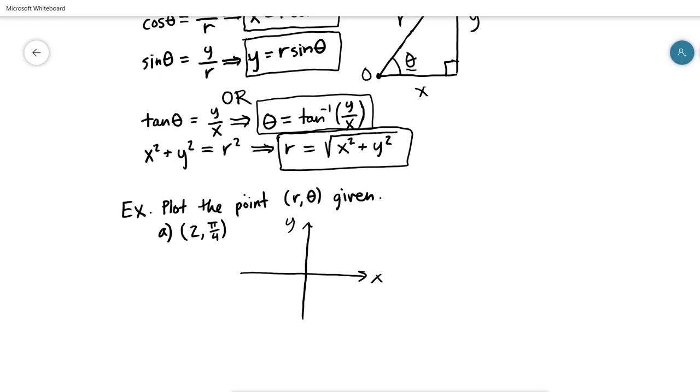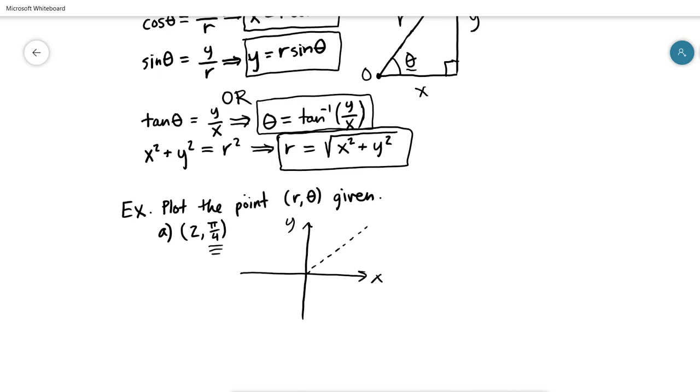What I want to think about is, first, what is the angle? In this case, the angle is pi over 4. That is this angle heading out straight here, a 45-degree angle. Right, it's in that direction.